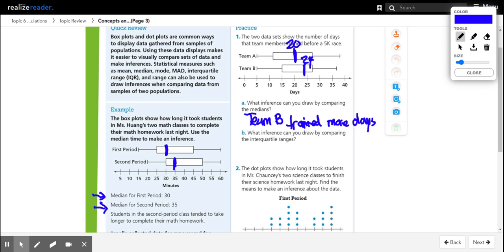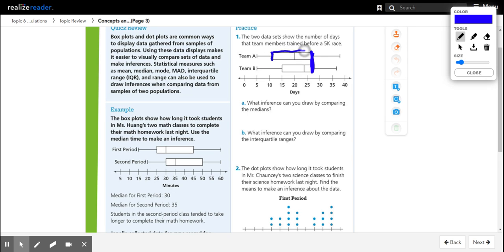What inference can be drawn by comparing the interquartile ranges? Looking at the interquartile ranges, we're looking at the box. If we actually calculate it, it would be this number minus this number. But looking at the size of the boxes, these line up perfectly over here, I can tell that Team A's interquartile range is larger.